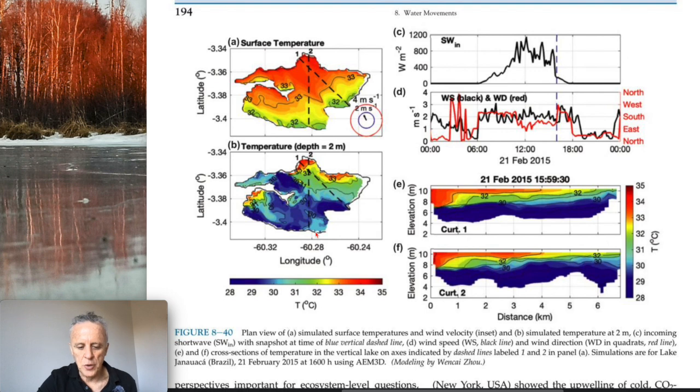C, incoming shortwave with snapshot at time of blue vertical dashed line. Okay, so this is the shortwave radiation. Now we are dealing with watts per meter squared, and time on the x-axis. Therefore we're looking at the sun. The sun rose on that day at about 6:30 and set at about 6 p.m. That makes sense.